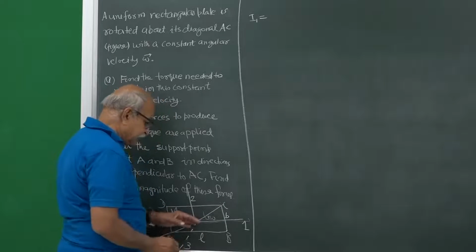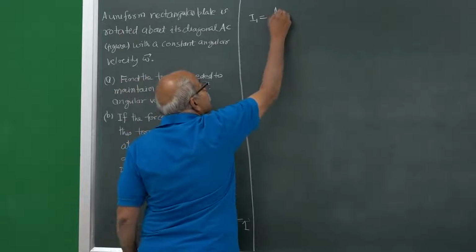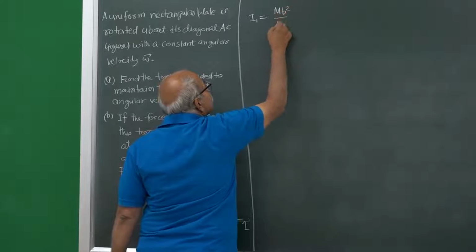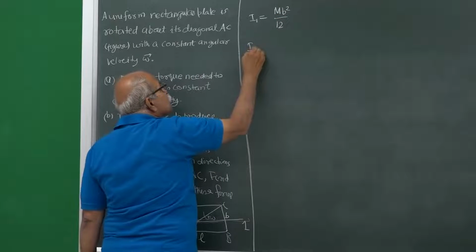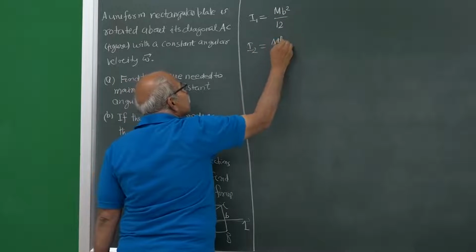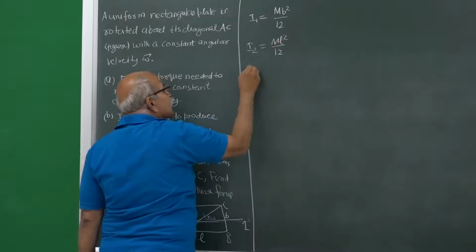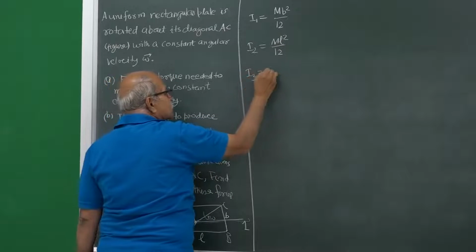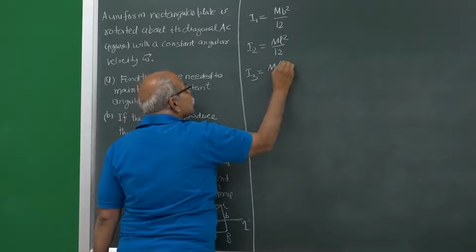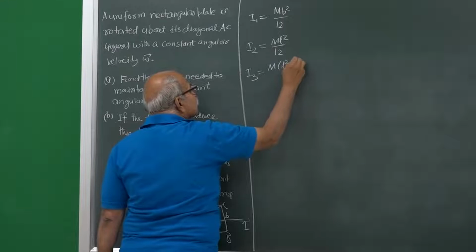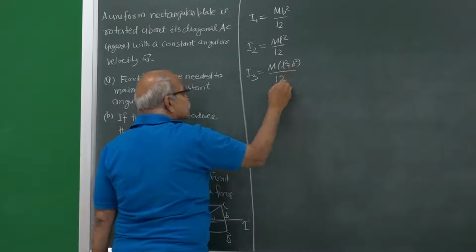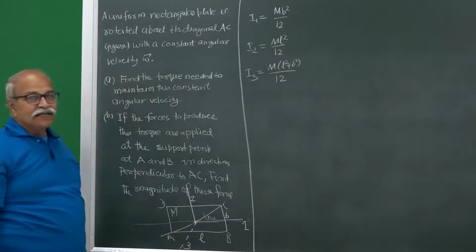So, I1 is m b square by 12, I2 will be m L square by 12, and I3, by the perpendicular axis theorem, will be m (L square plus b square) by 12. So, this is I1, I2 and I3.